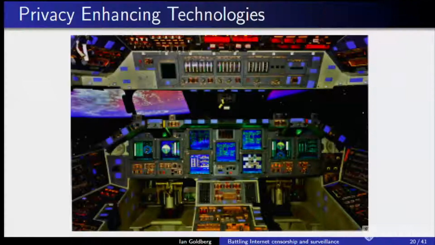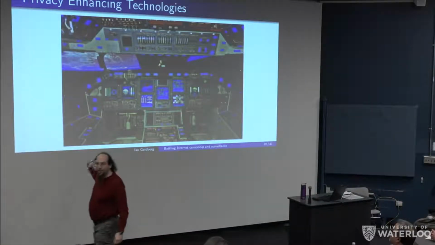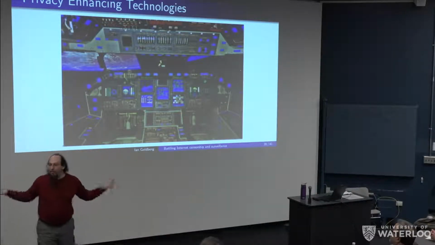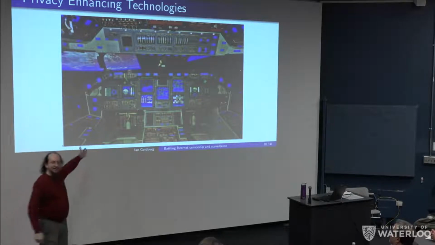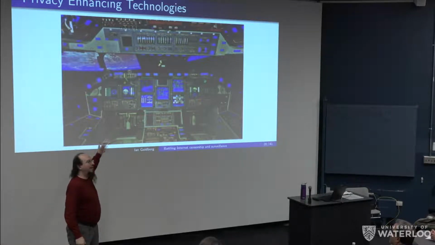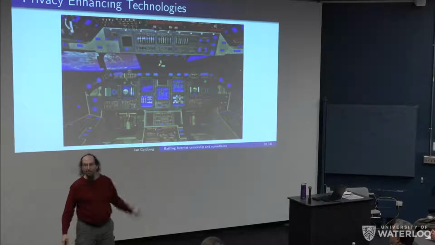So I liken it to this kind of cockpit with all the knobs and buttons and switches, except this is actually easier to use because it has nice graphical displays that the older privacy-enhancing technologies don't even have, right? So this was the state of the art decades ago, but we need to do better, right? Because people can't use this in any reasonable way, right? It won't actually protect them, right?